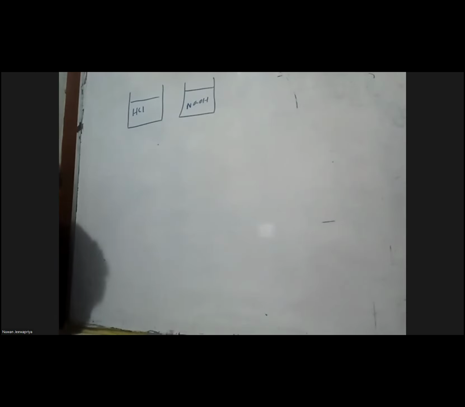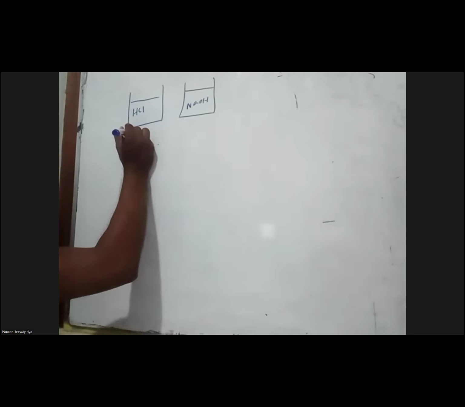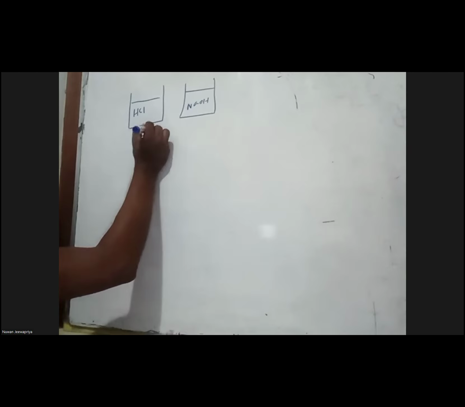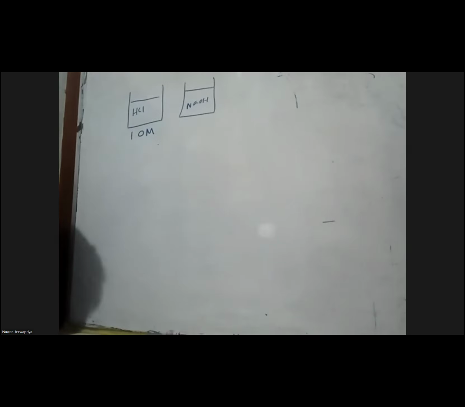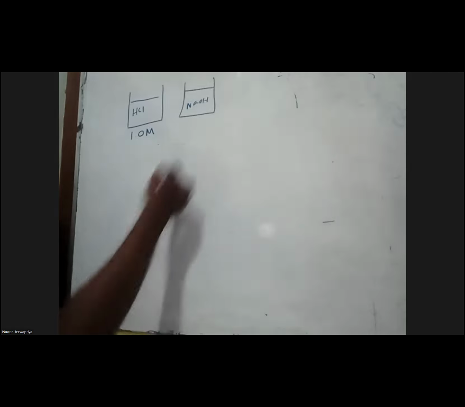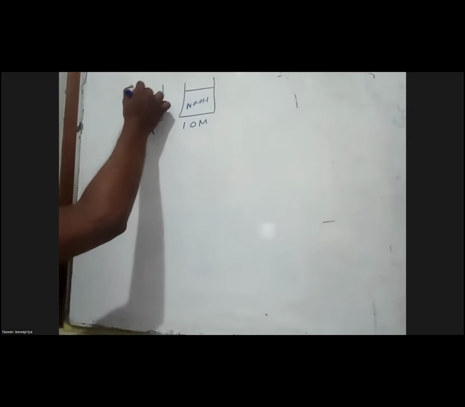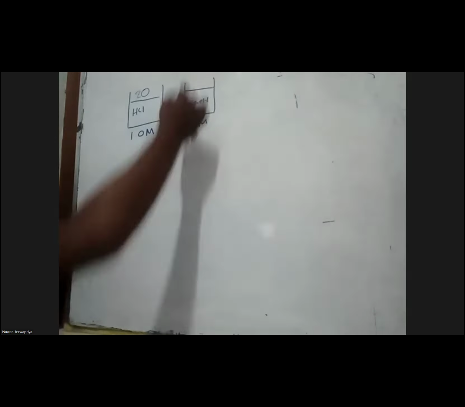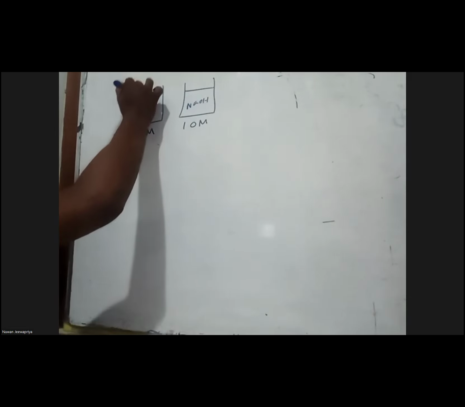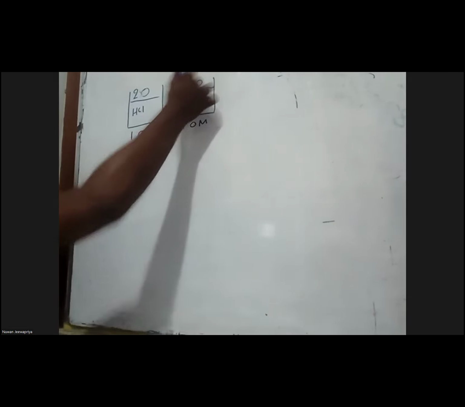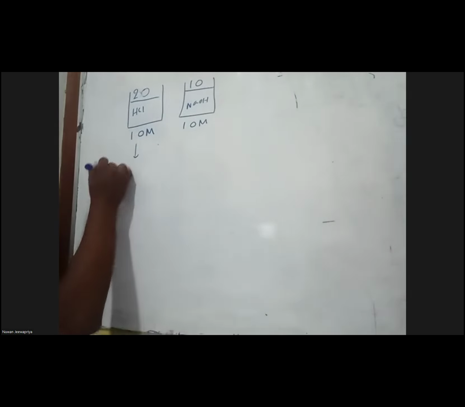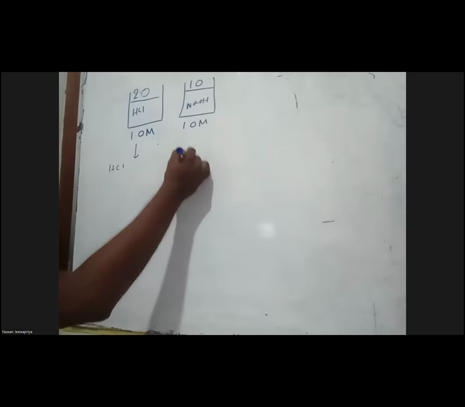So what is the concentration of hydrochloric acid? 1 mol per dm³. M means moles per cubic decimeter. And the sodium hydroxide concentration is also 1.0 mol per dm³. From the acid we take 20 cm³, and from the sodium hydroxide, 10 cm³.